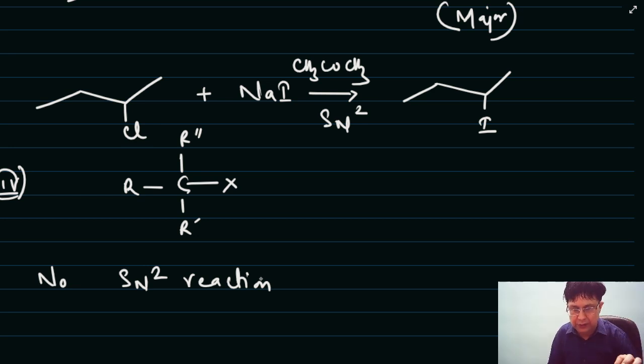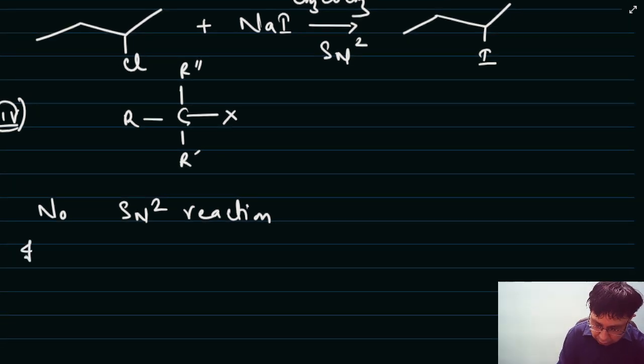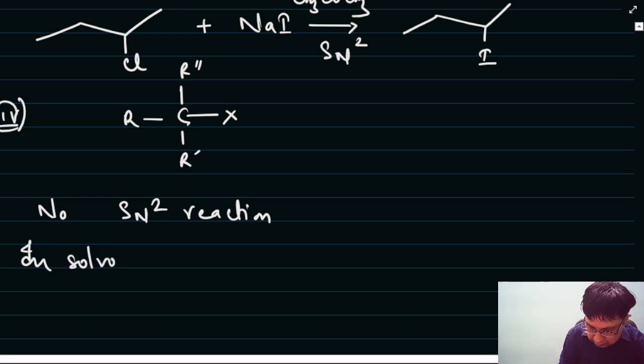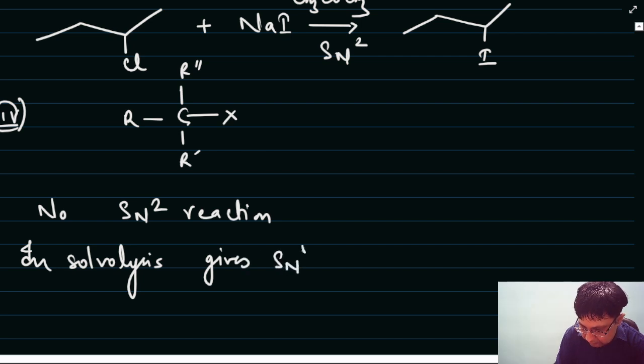SN2 के लिए ज़रूरी है कि hindrance ना हो, तो कोई SN2 की possibility यहाँ पे नहीं बनती. In solvolysis, solvolysis are the reactions in which the solvent itself participates as one of the reactants. We say that it can give SN1 and E1 mechanism over here.